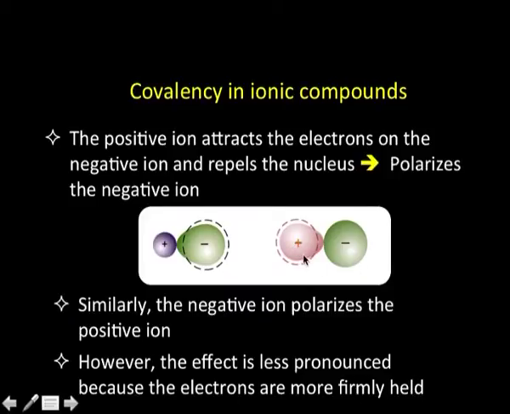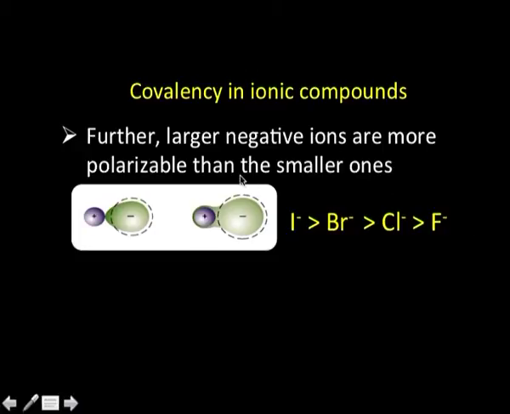But all said and done, they do get polarized. This polarization is responsible for some overlap between the electron clouds of the two ions, and that leads to a certain element of covalency, because you remember that a covalent bond basically means some kind of overlapping. So, this polarization is responsible for the element of covalency in ionic solids. Let us move further.